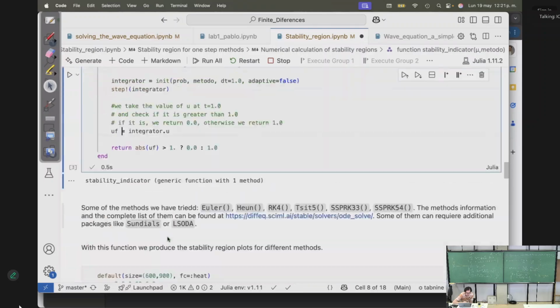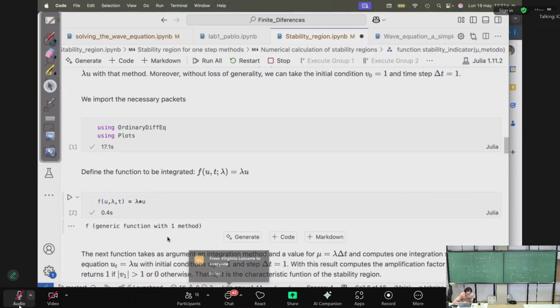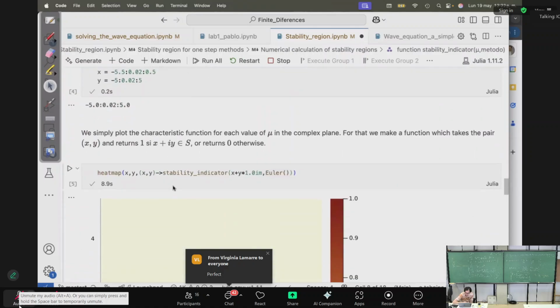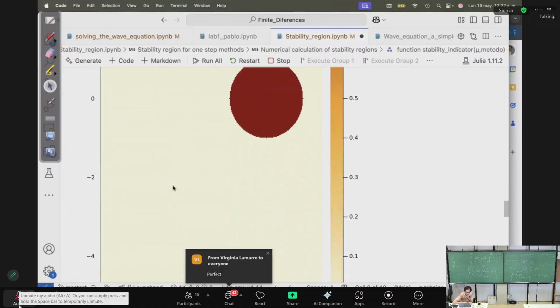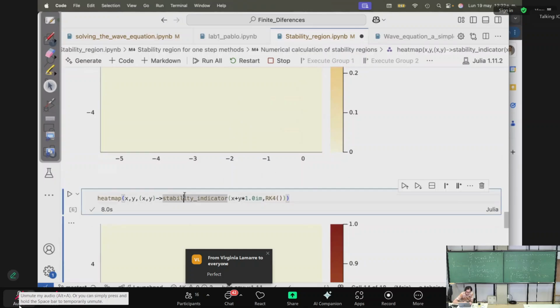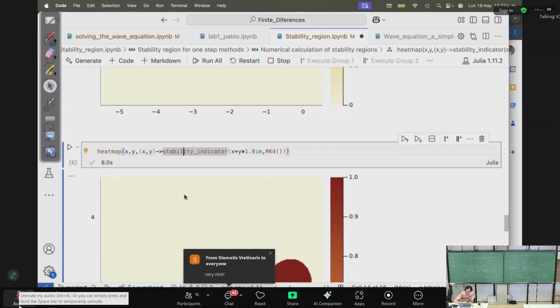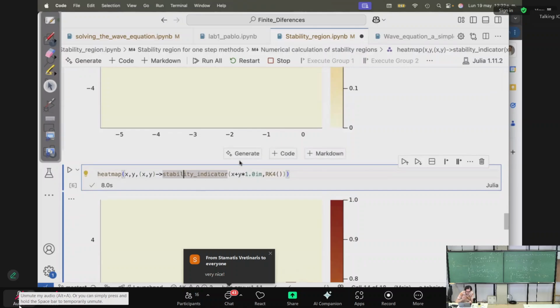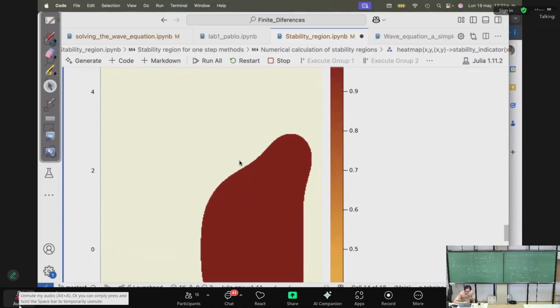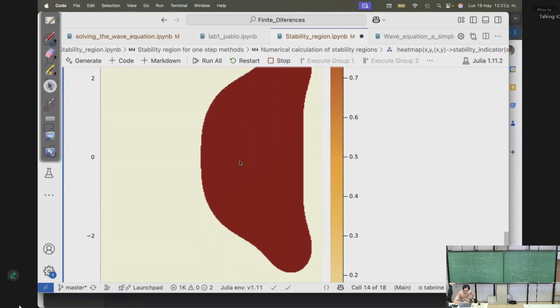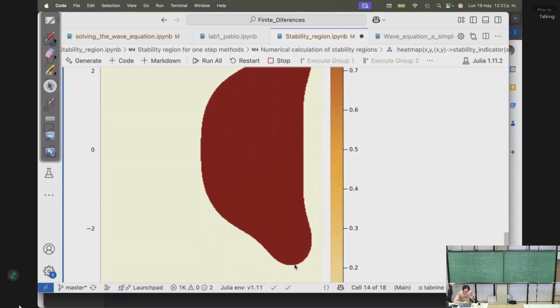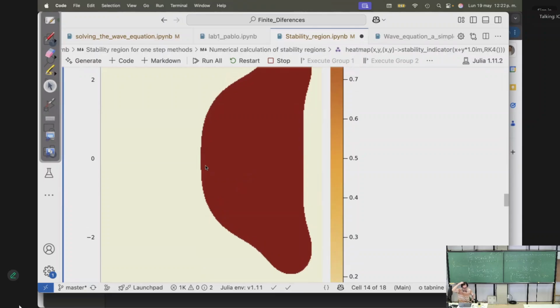And this is using the ordinary differential equation package. Later on, we do it with Runge-Kutta, for example. We do just a single step in Runge-Kutta for several points here, and we plot a heat map, and this is where we get this region here.